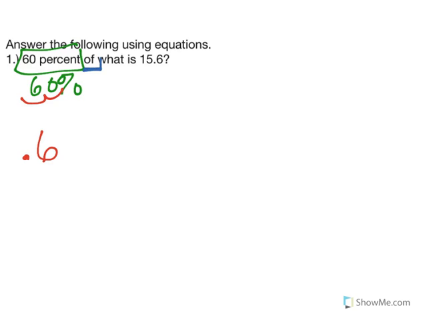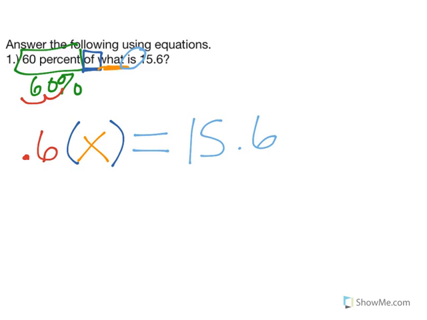Then I see the word "of," and I know that of means multiply, so I'm going to use my parentheses to show multiplication, and then it says "of what?" Well, I don't know what, so there's an x, and then it says "is." There's my equal sign, and then I've got a number, 15.6. So I end up with a problem that says 0.6x equals 15.6.